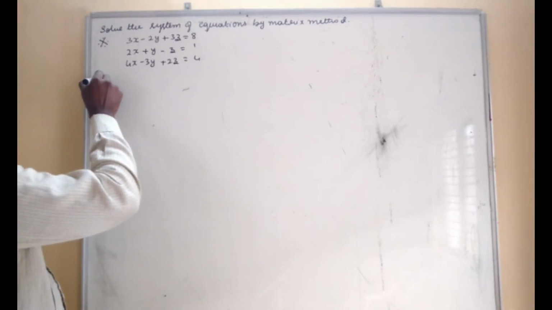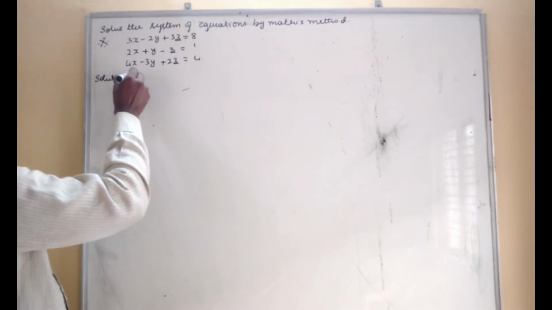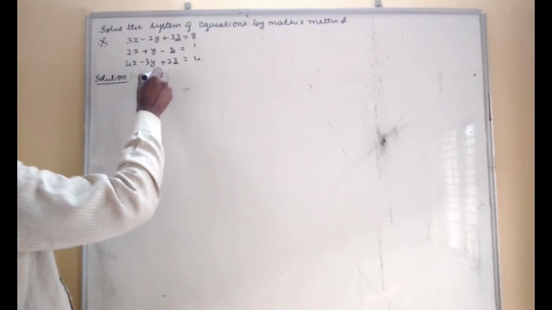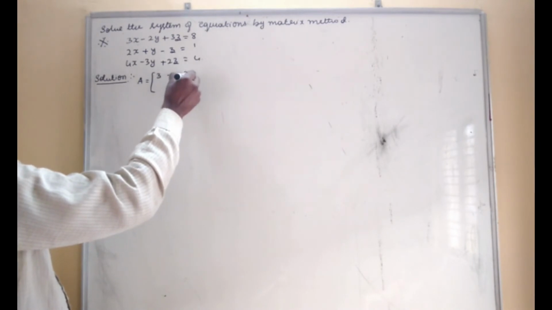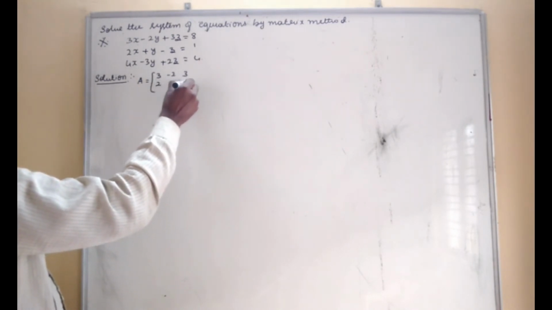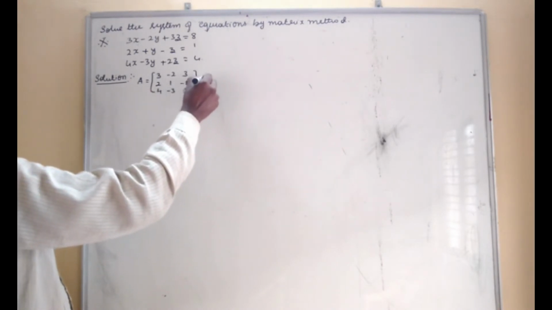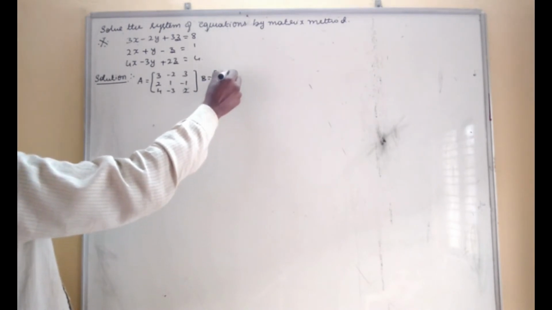Let us write the given linear equations in matrix form. The matrix A is 3, minus 2, 3; 2, 1, minus 1; 4, minus 3, 2, and B is 8, 1, 4.